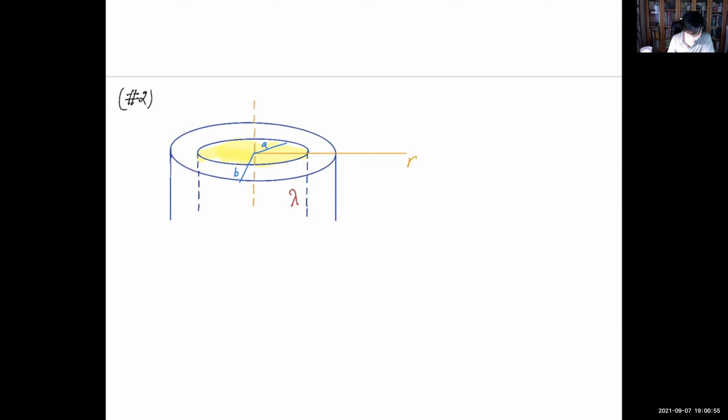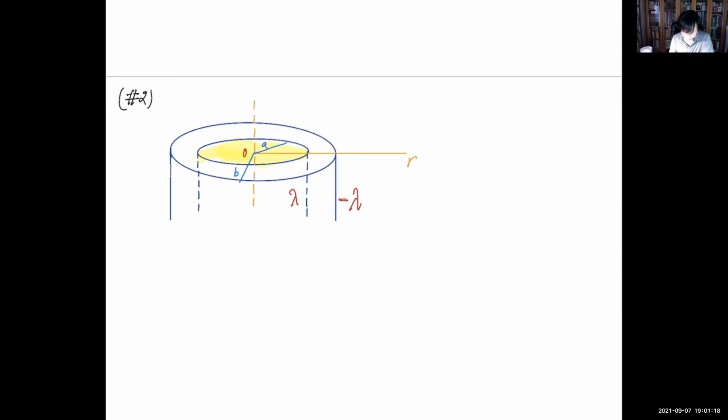And I surround it with another cylindrical shell concentric with it, and the charge is negative lambda per unit length. Can you find me the electric field anywhere, starting from the center, between 0 and A, between A and B, and then greater than B?